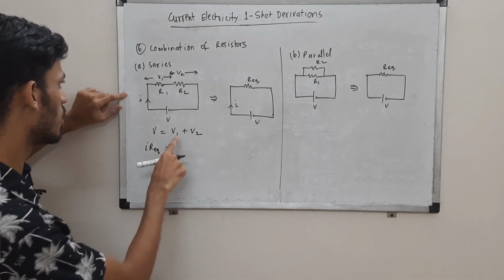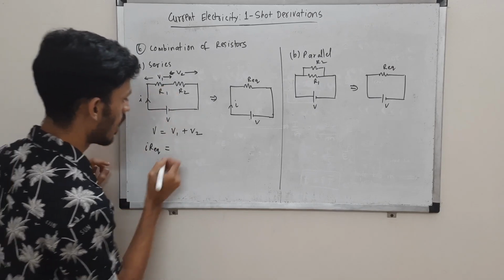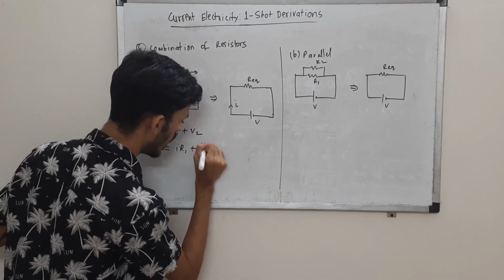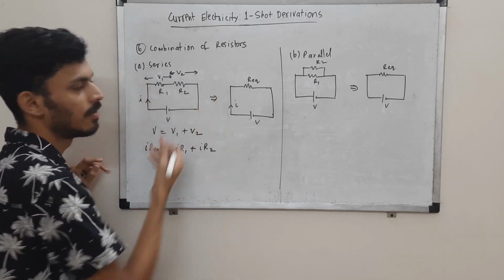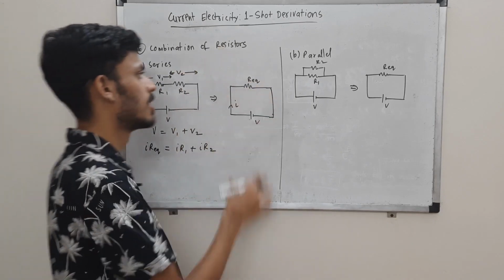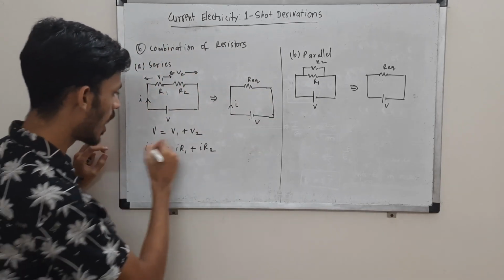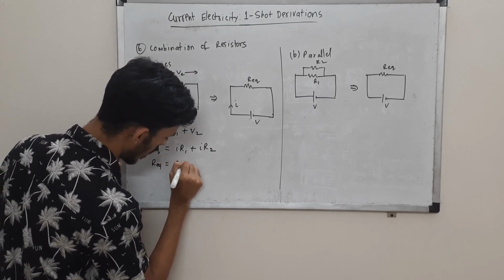Now coming back to the circuit, we can find V1 and V2. V1 will be the voltage drop across R1, which will be IR1, and across R2 it will be IR2. You can see that the current will be the same. Since this is the equivalent circuit, the same current will be drawn in both the cases. So I will cancel out throughout. So R equivalent will be R1 plus R2.